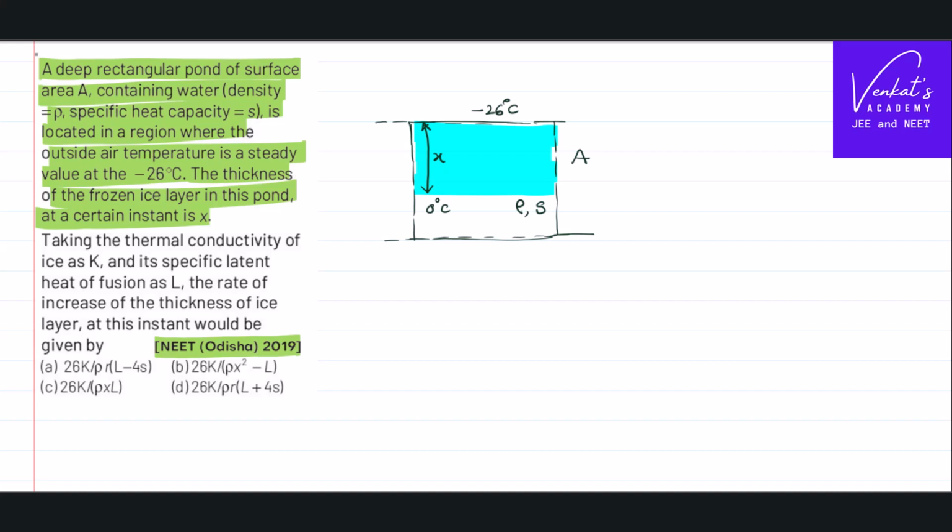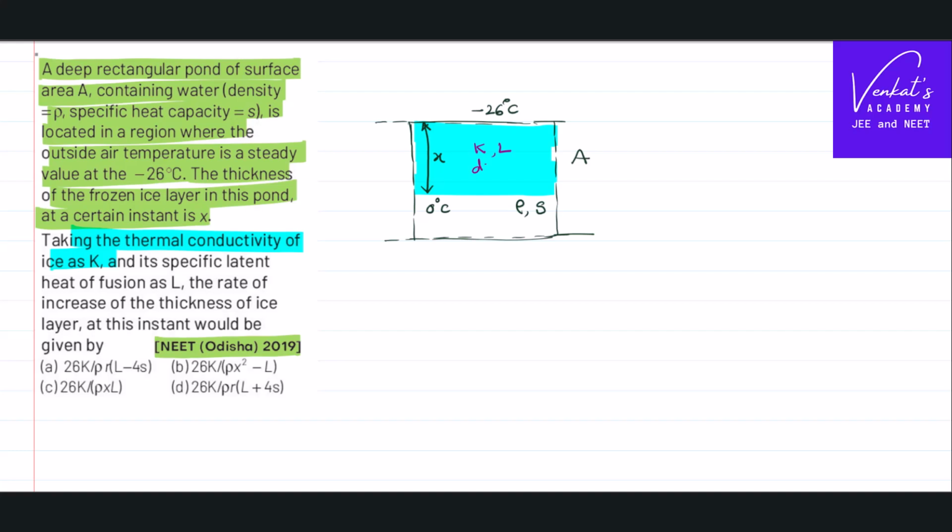Taking the thermal conductivity of the ice as K, and the specific latent heat as L, what is the rate of increase in the thickness of the ice layer at that instant?